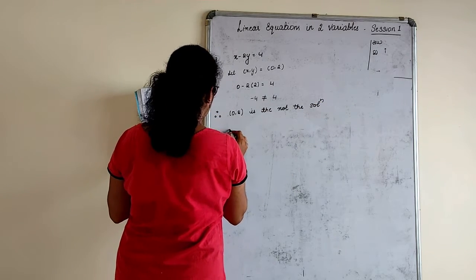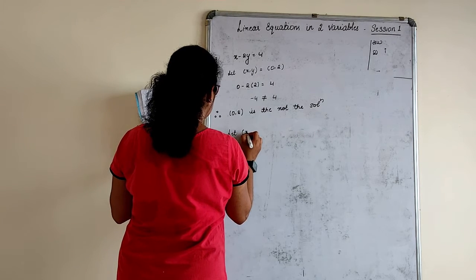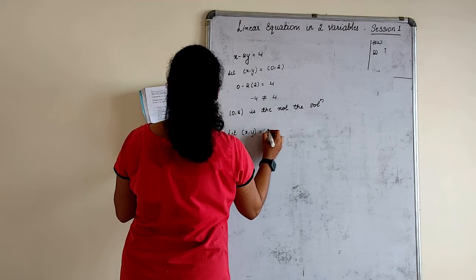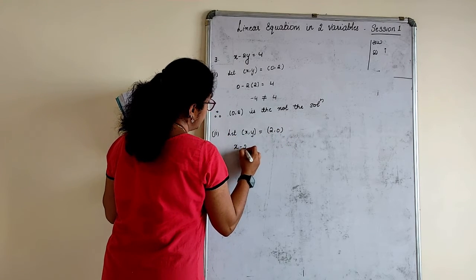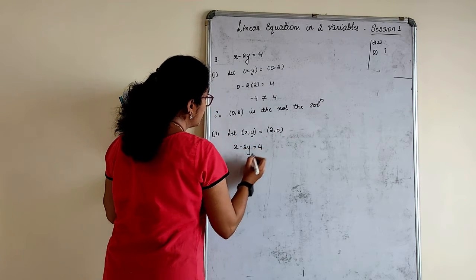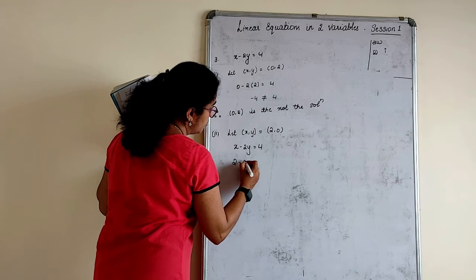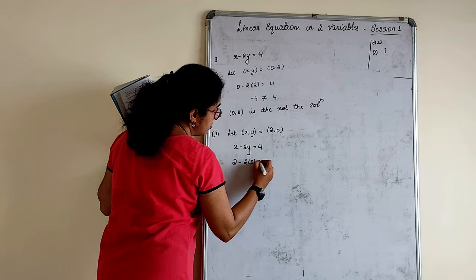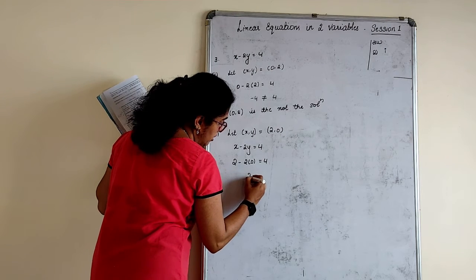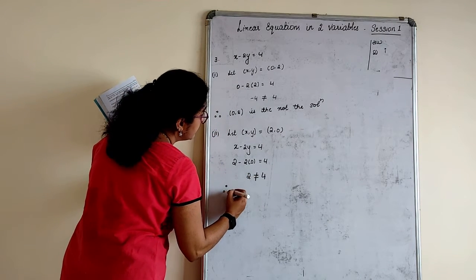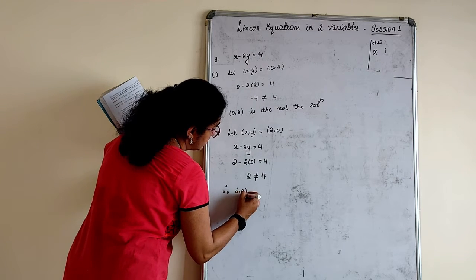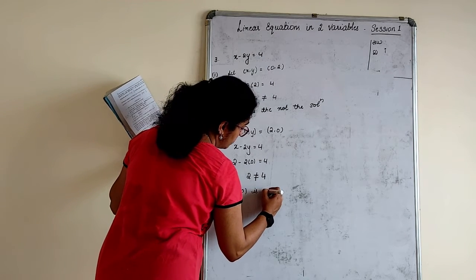Let x comma y be 2, 0. x minus 2y is equal to 4. So this is 2 minus 2 into 0 is equal to 4. 2 is not equal to 4. Therefore, 2 comma 0 is not the solution.